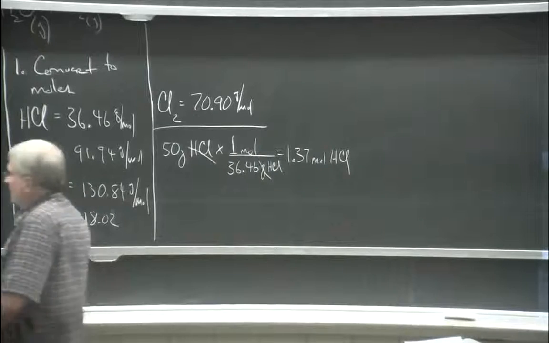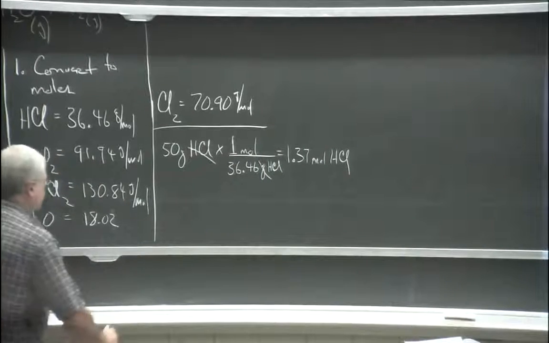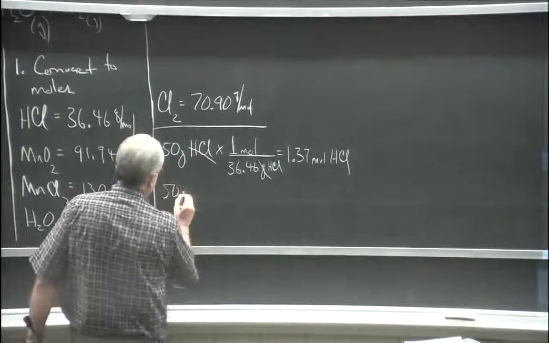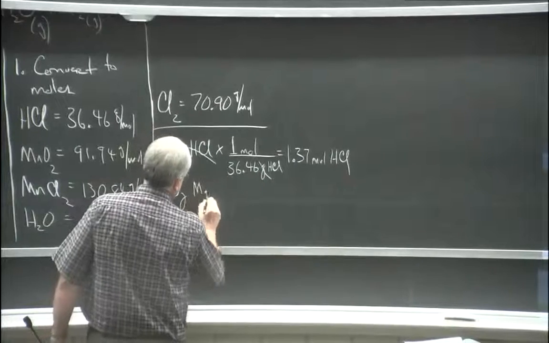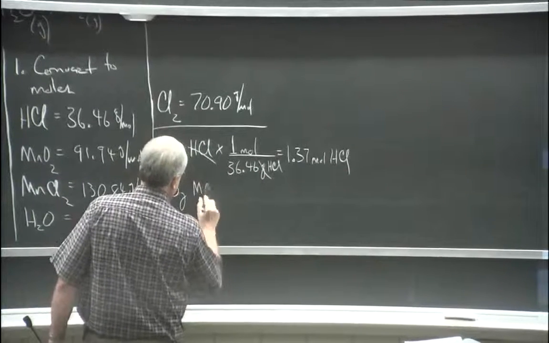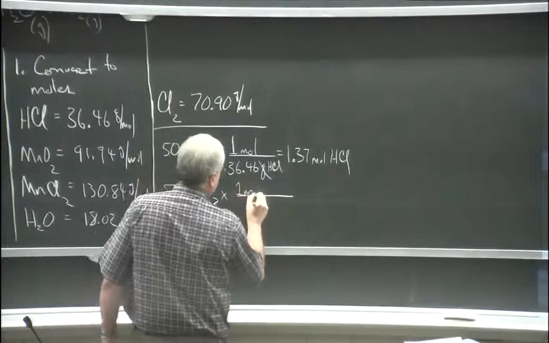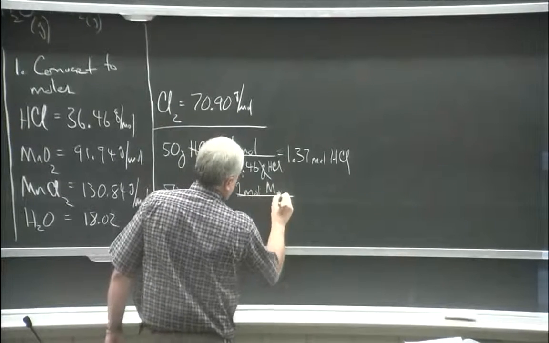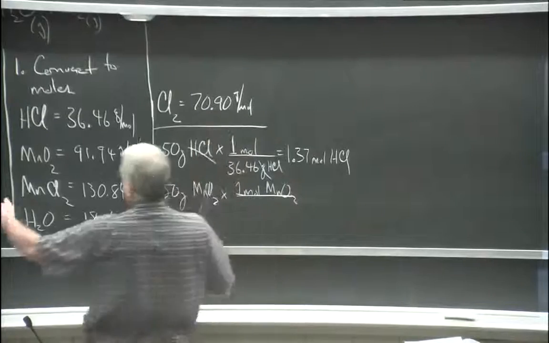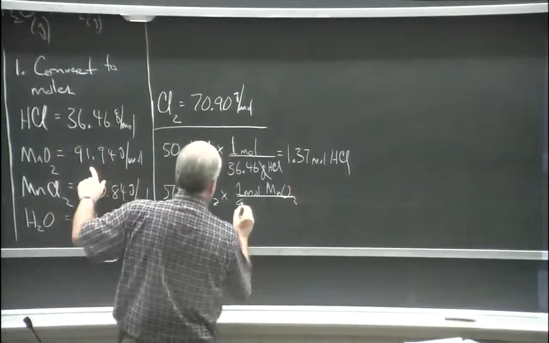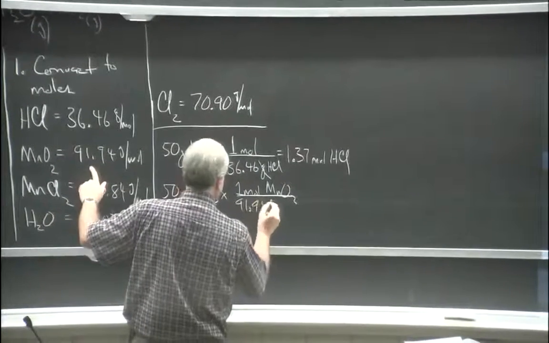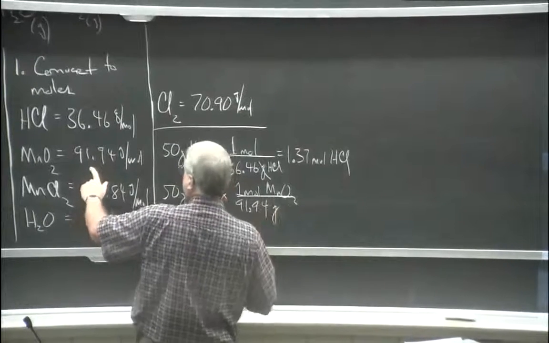Okay. 50 grams of MnO2. Oops, sorry about that. That's going to be 1 mole of MnO2 over 91.94. 96?